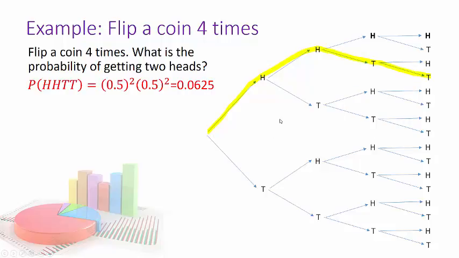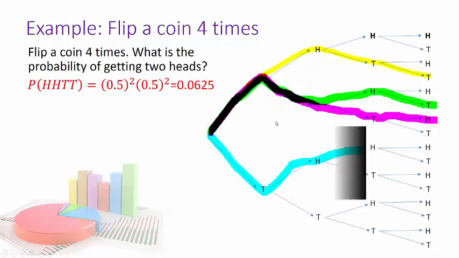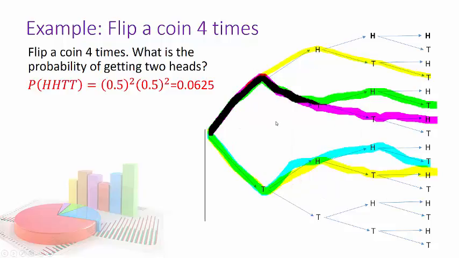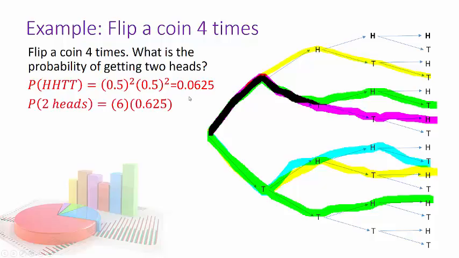That's one path to get 2 heads. But there's also this one, and this one, that one, and finally that one. So there's 6 different paths. So if I wanted to calculate the probability, I've got to take this number and multiply it by 6, which basically gets me 375 thousandths, or basically 3/8.